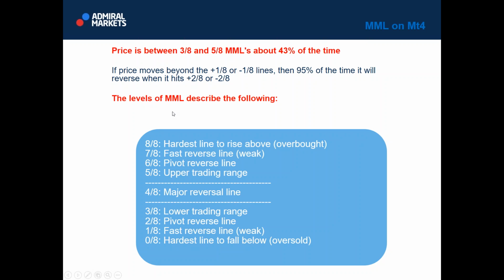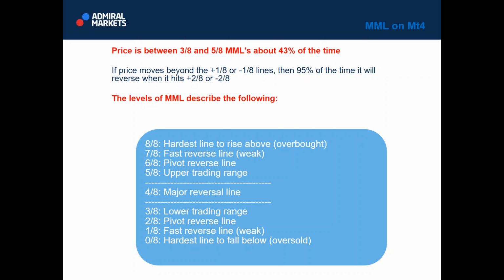So the levels of the Murrey lines describe the following. We will start from the major reversal line. We have 4.8, which is basically a major reversal line, and we can call it a Murrey pivot point. So it's actually like a daily pivot point or weekly, doesn't matter.